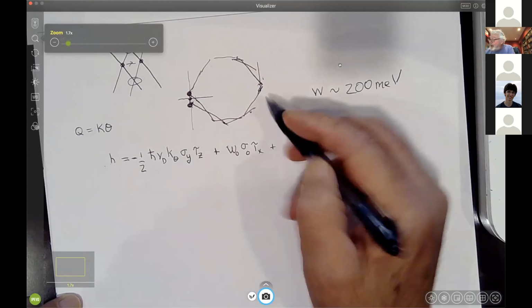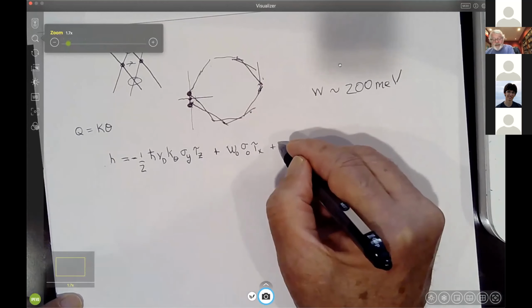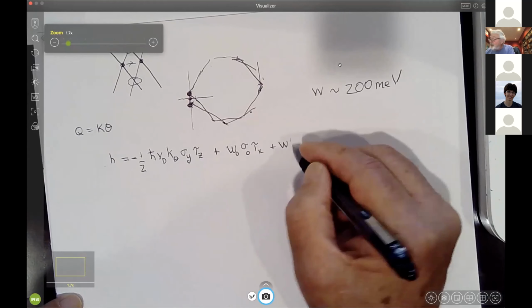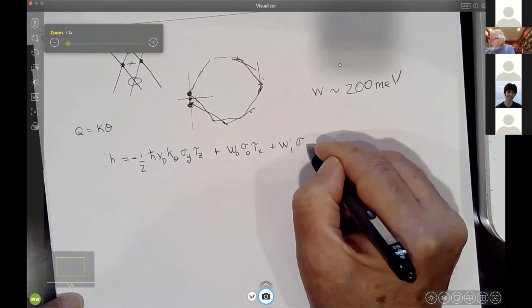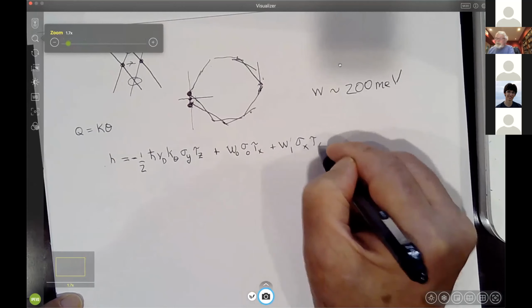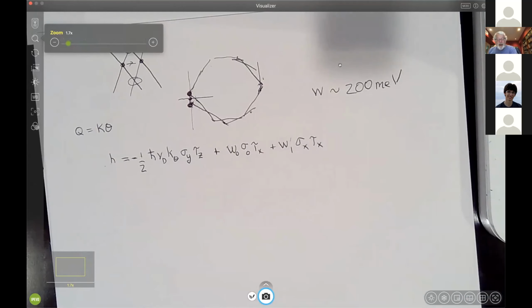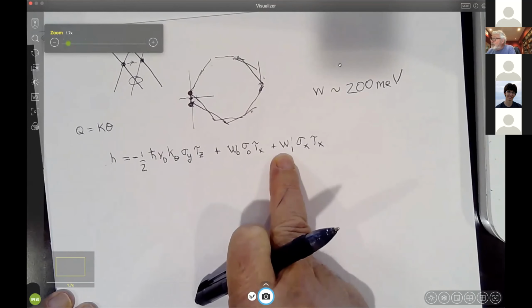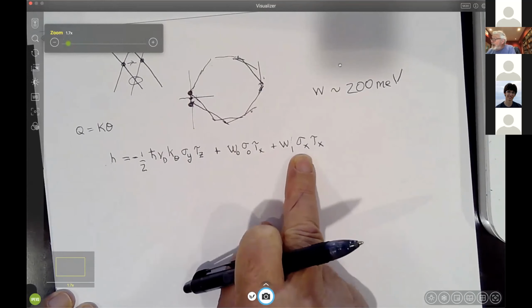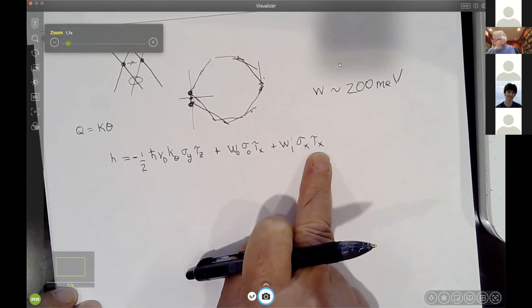And I call this the parameter W0 here, W1 sigma x tau x. Okay. So that's a 4x4 Hamiltonian. W1, of course, I'm using index 1 for tunneling amplitude between sublattice, between layers.